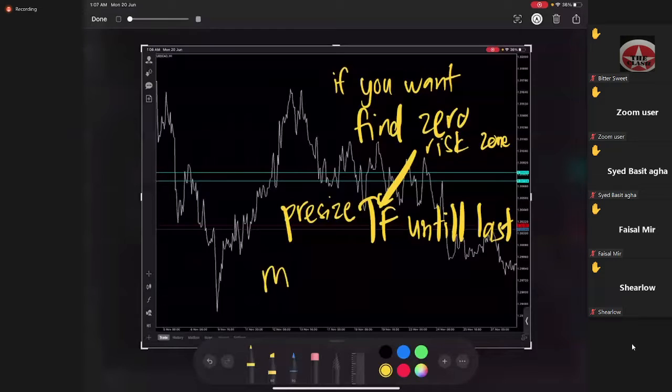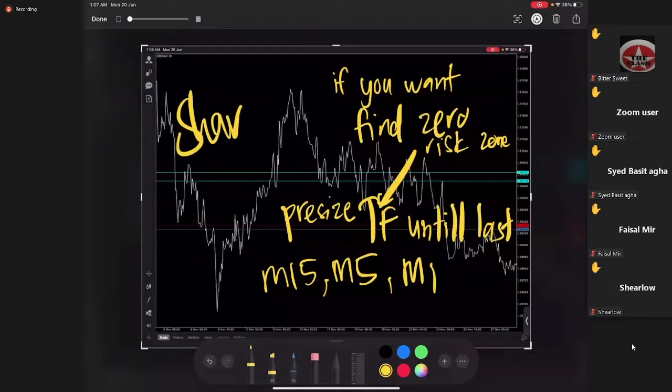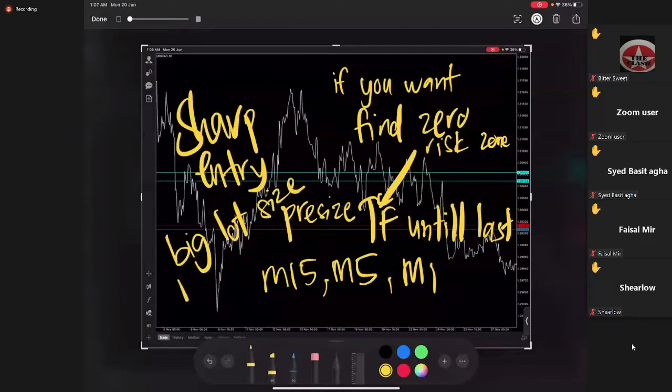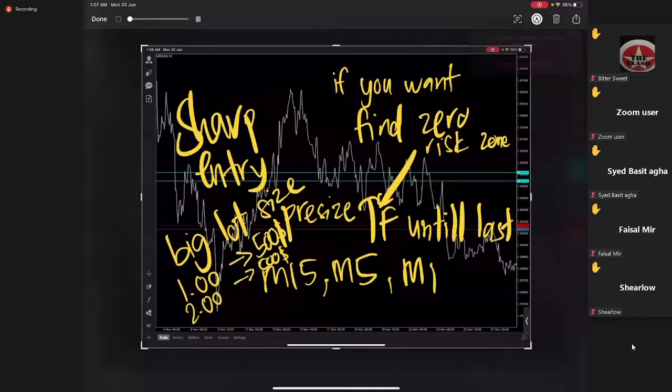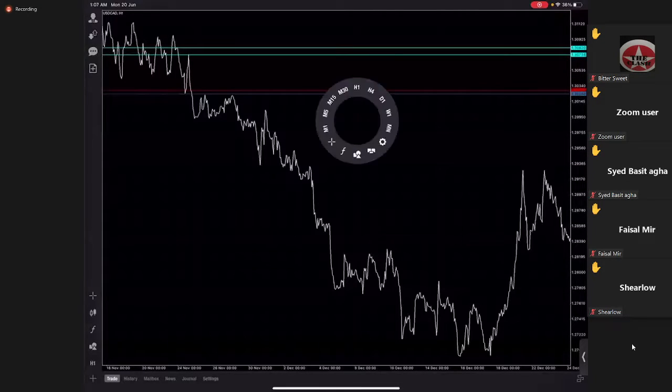And check M15, M5, and M1 to get sharp entry. You can use big lot size, maybe 1.00 for account $500, because this is zero floating. So just don't worry about it.